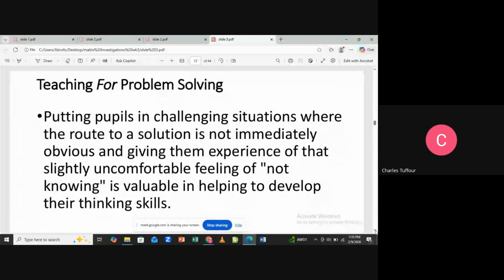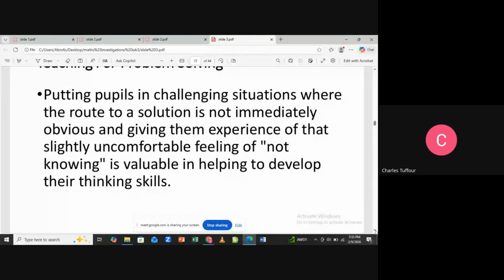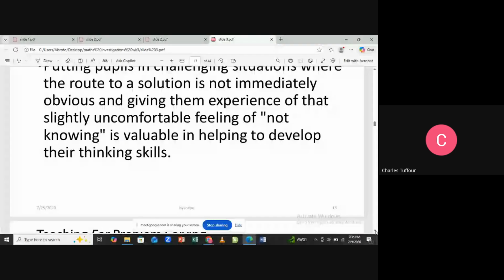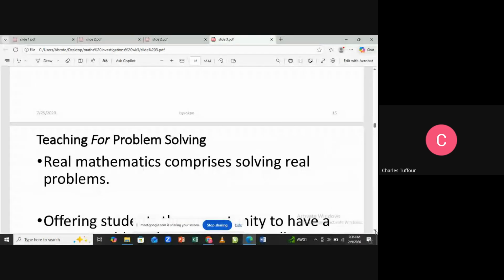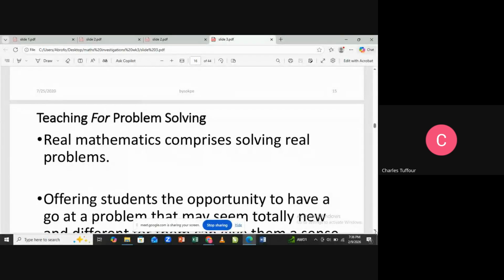Do not give students a question in a way that they have simply memorized it; they have to bring out what they have chewed and begin to think and think. While they are thinking, it is always increasing their thinking abilities. Real mathematics comprises solving real problems.